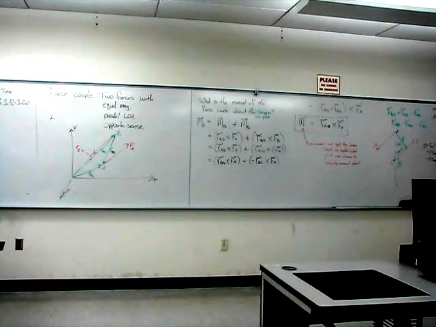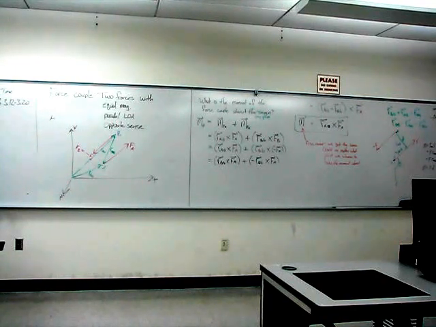So the position vectors cancel and we get FD. We saw something like this before when we were talking about the moment of a force about a point. We said that if we take the magnitude of the force times the perpendicular distance from its line of action to the point, we get the magnitude of the moment.